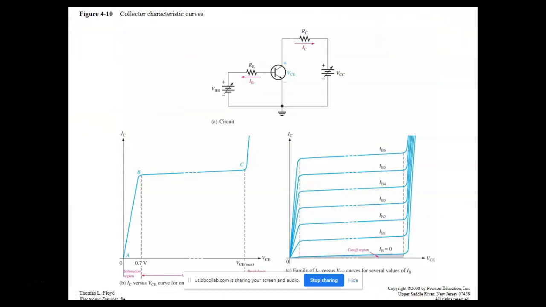These are not given to you, but using your beta, you can set them up. This is what we call a characteristic curve for a transistor. Down here on this axis is going to be your voltage collector to emitter. Up this axis is going to be IC.